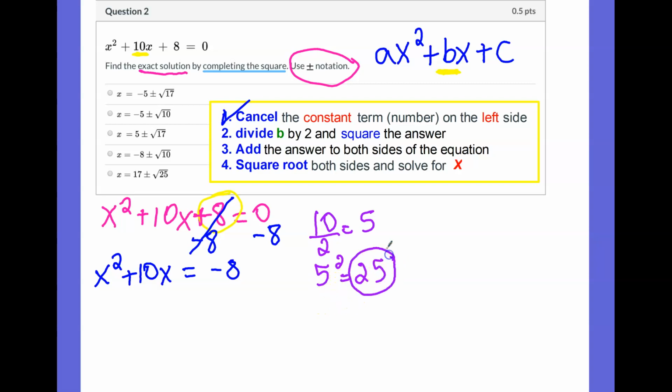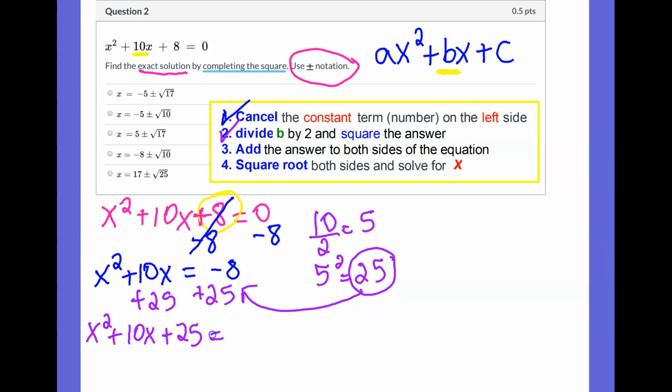So we did step 2, and now step 3, add the answer to both sides of the equation. So I am going to add 25 to both sides of the equation. So now I have x squared plus 10x plus 25 equals 25 minus 8, which is 17.